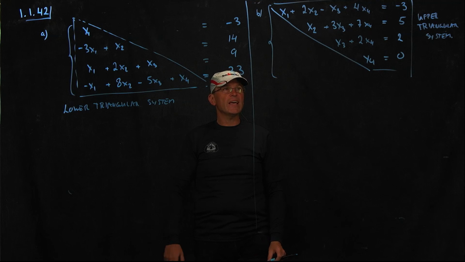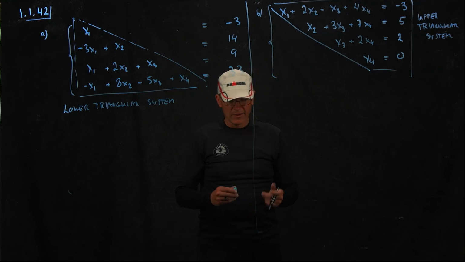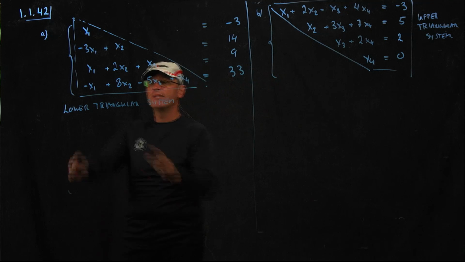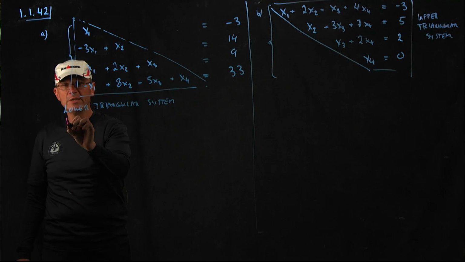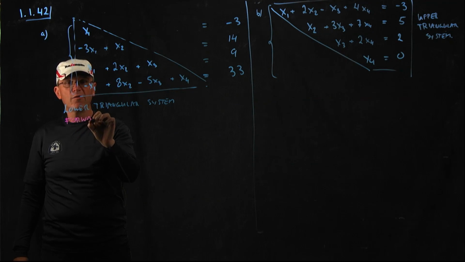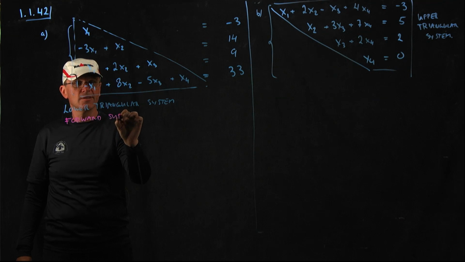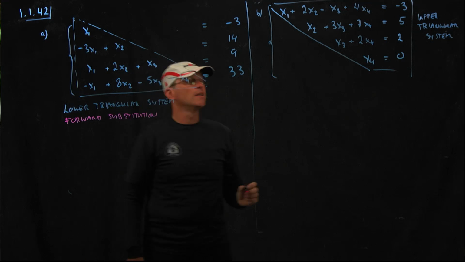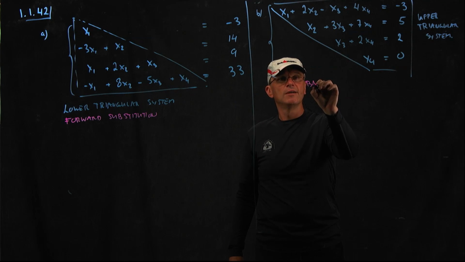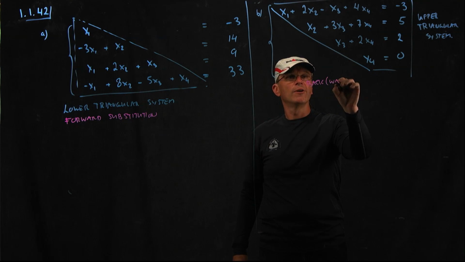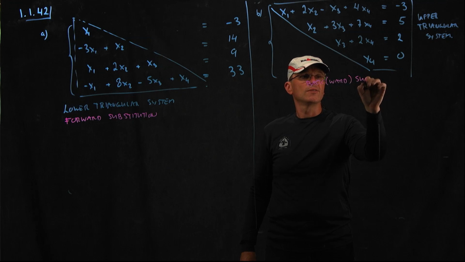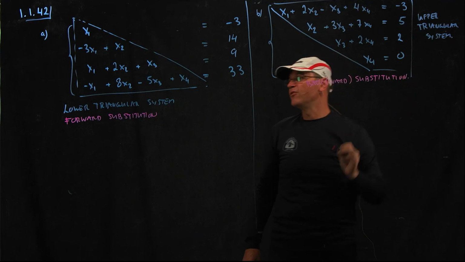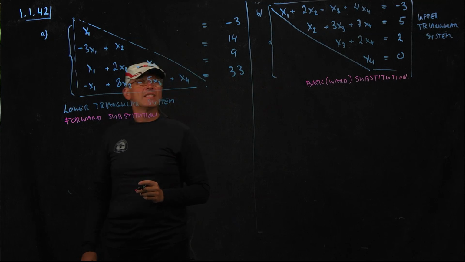So if we have a triangular system, we can use this idea of substitution, right? So in the lower triangular system, we can use forward substitution. And in this case, we can use back or backward substitution, like we did in the previous problem. So what does that mean?